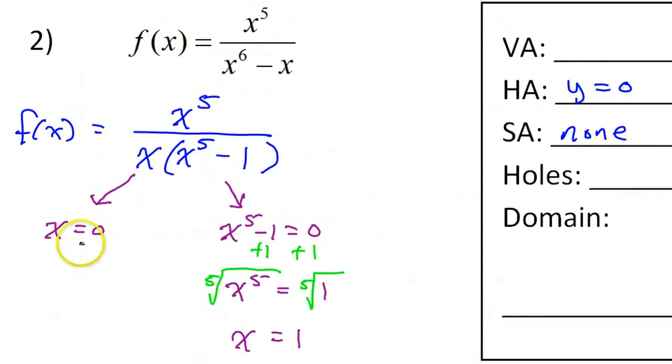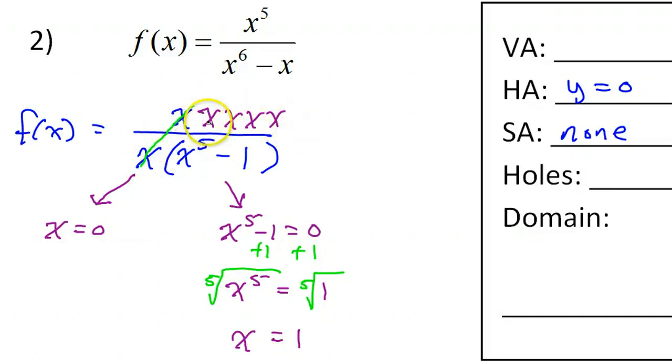However, this one, the x equals 0, well, this x right here is going to cancel out. The reason why is because x to the 5th power, you can think of it as x times x times x times x times x, right? It's x to the 5th power. So you can easily see that the x right here in the denominator will cancel out one of the 5 x's.